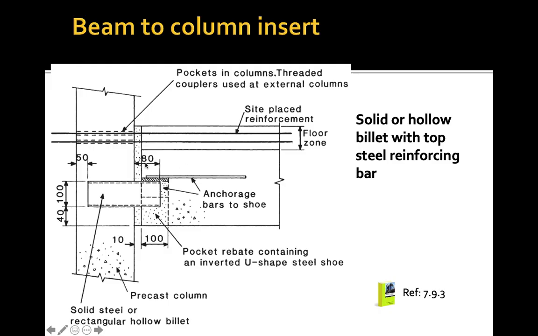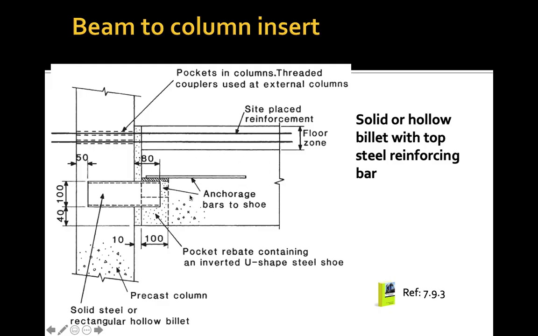We have pockets in columns, with threaded couplers, used at external columns. So we are going to have these reinforcements, and this is our beam, and we can see that we have a solid steel or rectangular hollow bellay, which is the place where we are going to have our supporting element to the beam.